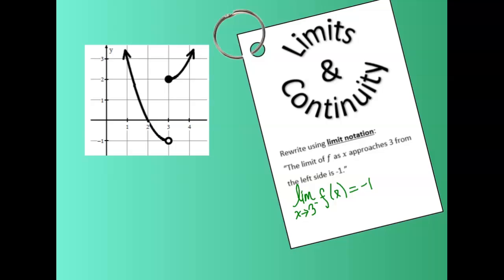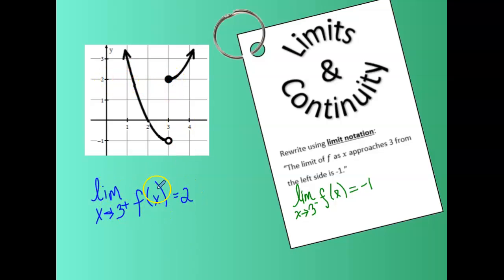Now, if we wanted to look for the limit as x approaches 3 from the right side, we would put our plus as the superscript, and that's of f of x. So as we come now from the right side towards 3, our y value is decreasing until it reaches +2.